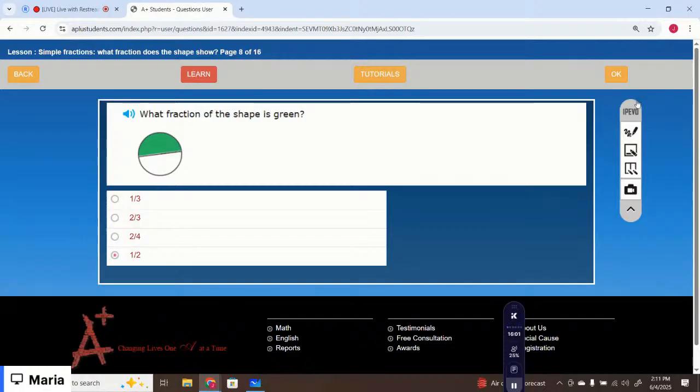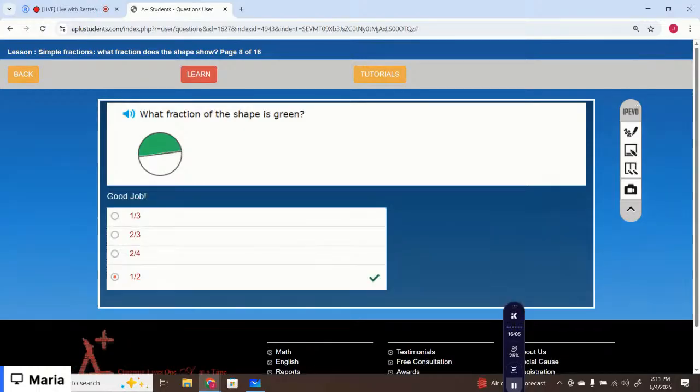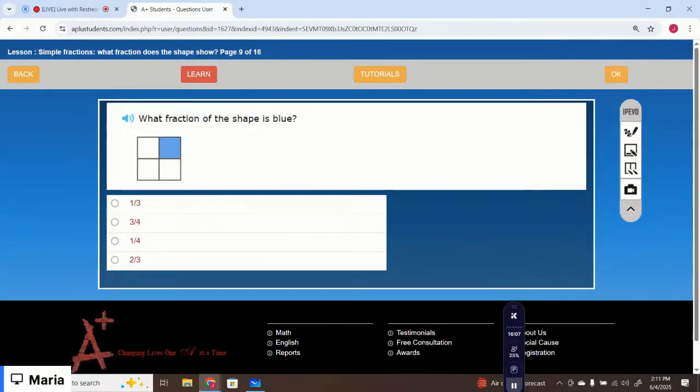Option number four is the correct option. What fraction of the shape is blue?